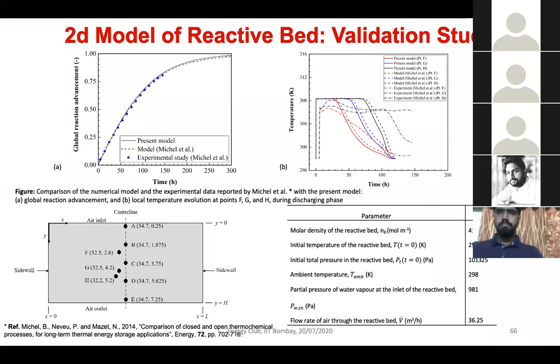Very few studies in the world have been conducted on this type of thermal energy storage. This is a new field, and because the materials are not well characterized and the phenomena are not very well known, we have to do more research in this field.